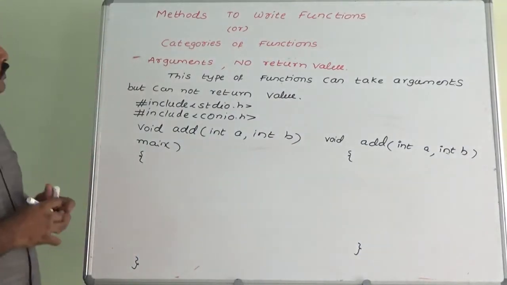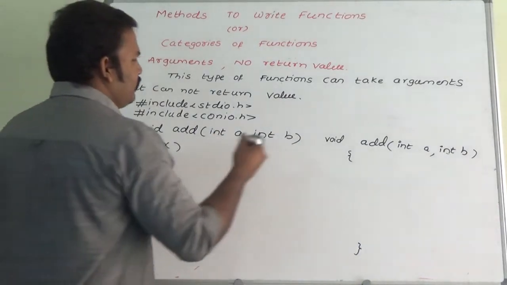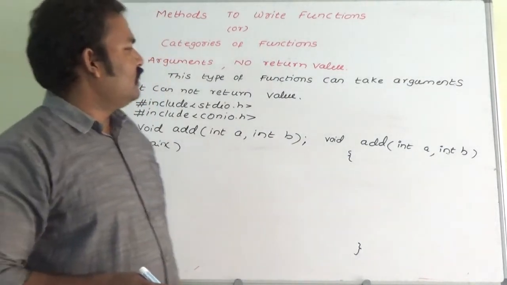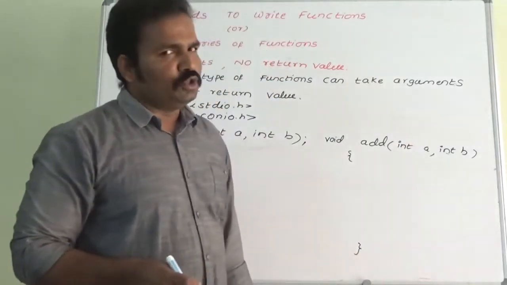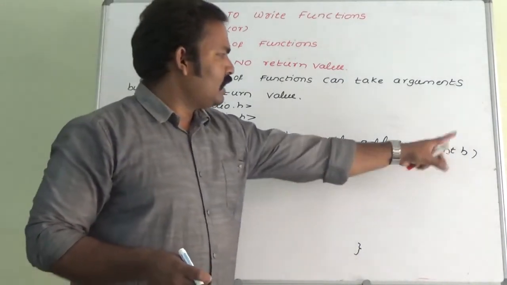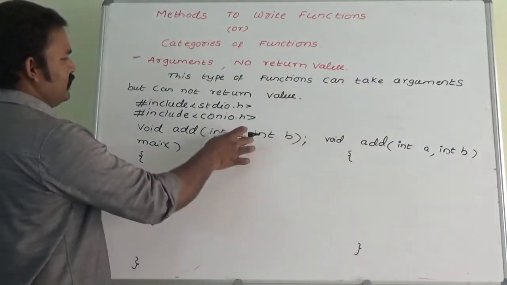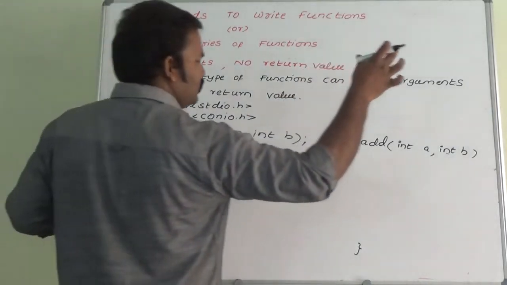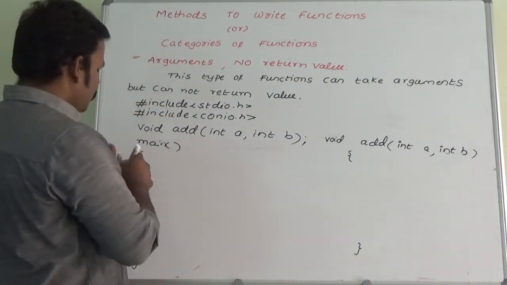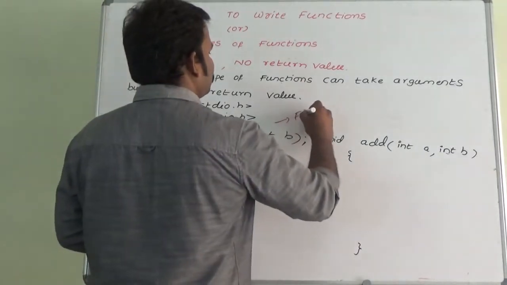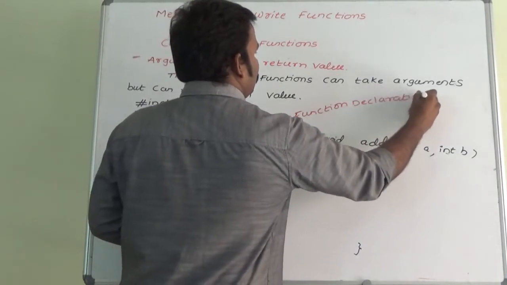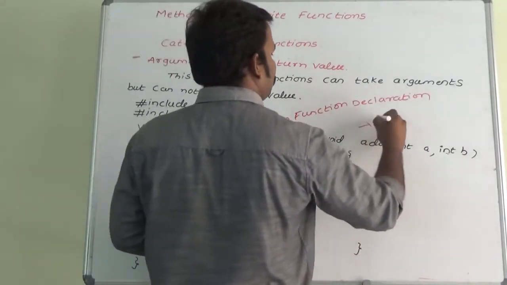The type of parameters in the function declaration and function definition should be matched. Function declaration statement completed. This entire part is called a function definition.